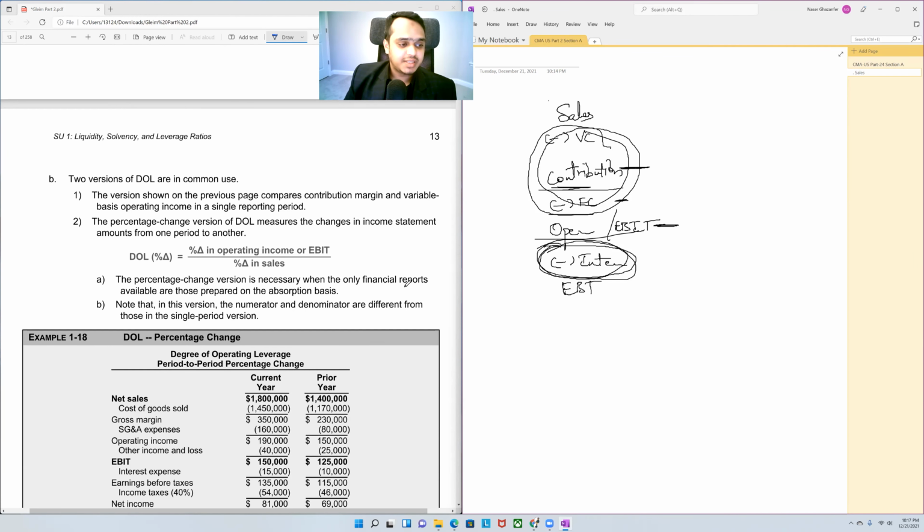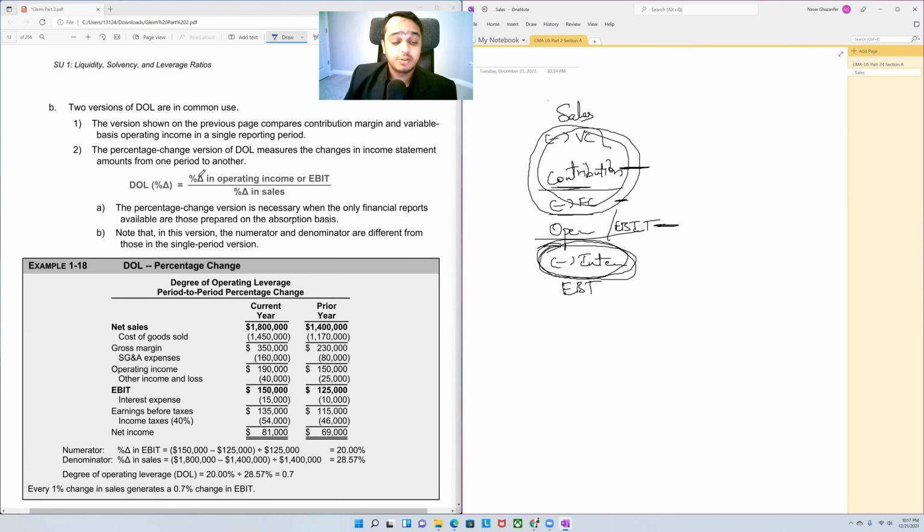Then there's another version of degree of operating leverage, in which you take the percentage change in operating income, or EBIT, divided by the percentage change in sales. For that, you need to take the previous year's amounts also, so that you can get the percentage of change.